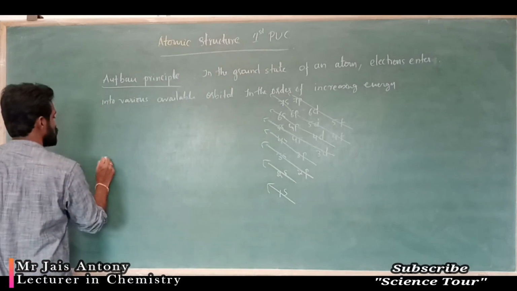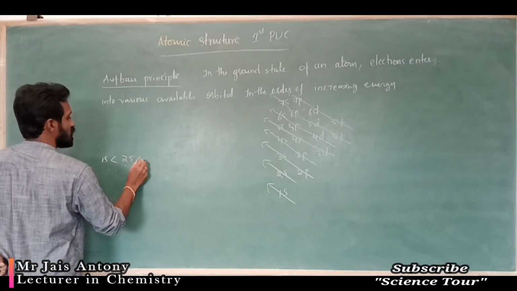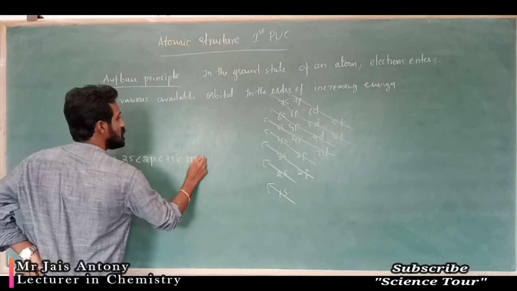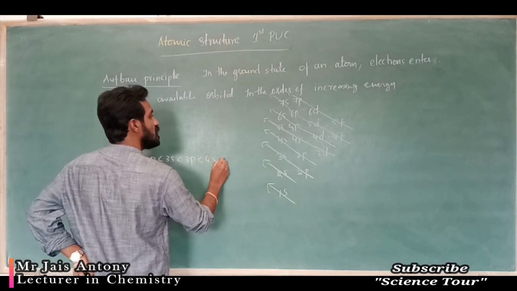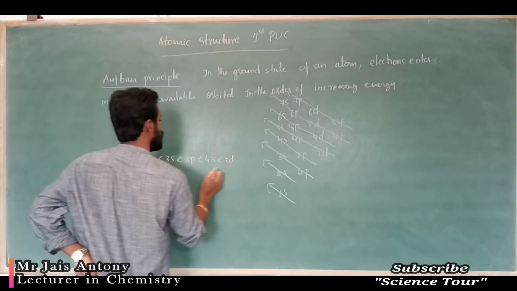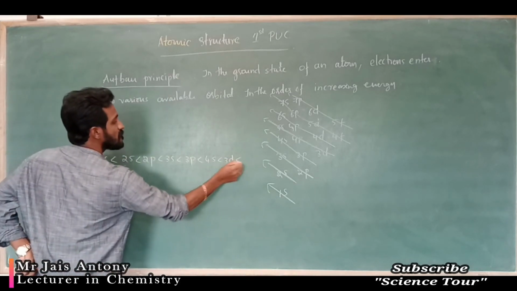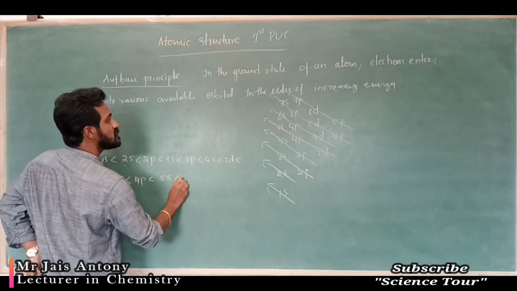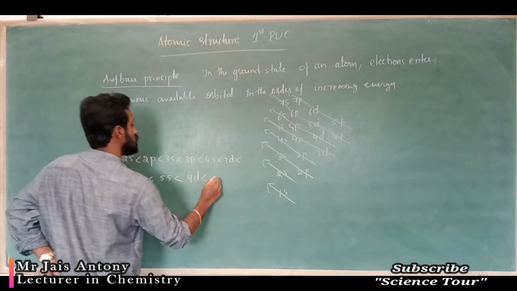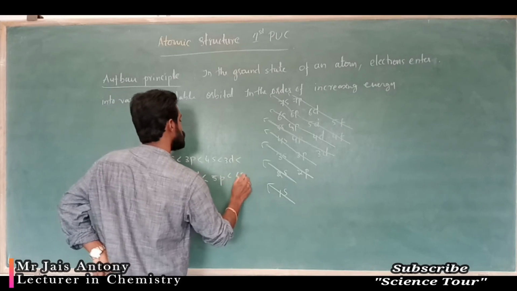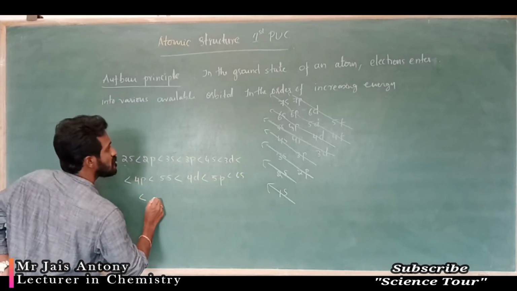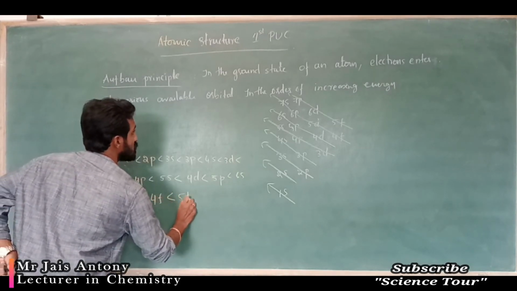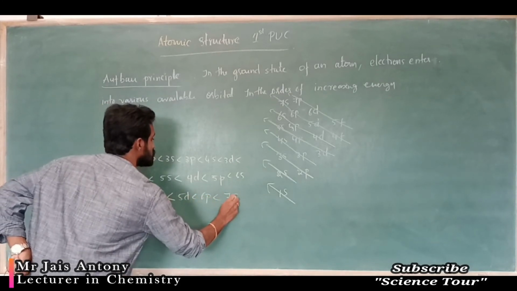So 1s is the lowest energy level, next is 2s, then the higher energy level 2p, then 3s, then 3p, then 4s, then 3d, after that 4p, next the filling orbital 5s, then the 4d orbital fills, then 5p, then 6s, then 4f, 5d, 6p, 7s.